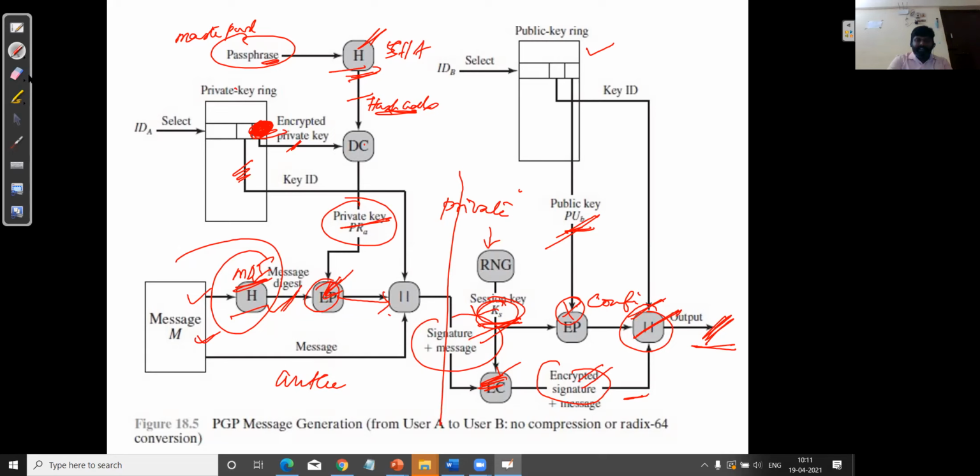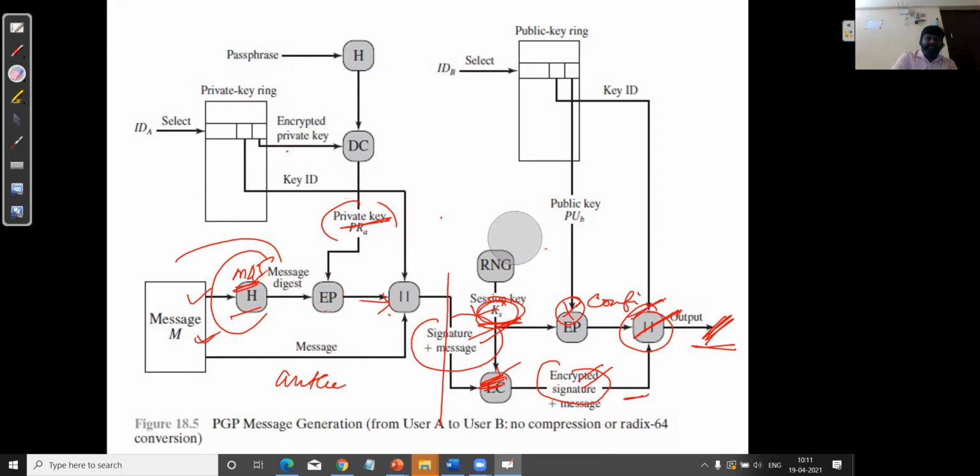I hope this is clear. If you have any queries regarding the explanation of the different techniques or strategies through which encryption is done with the help of the private key as well as public key rings, you can quickly write in the chat box.